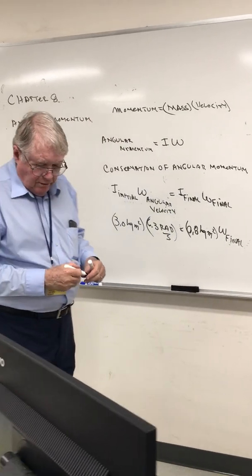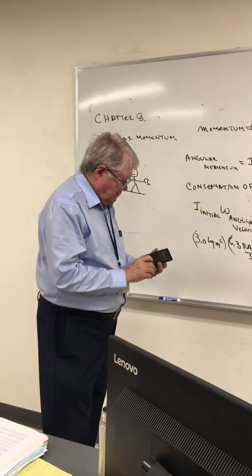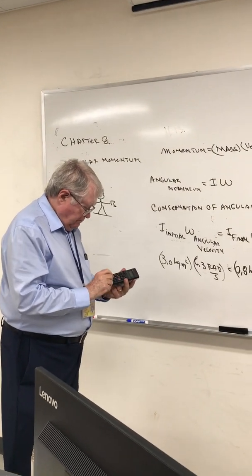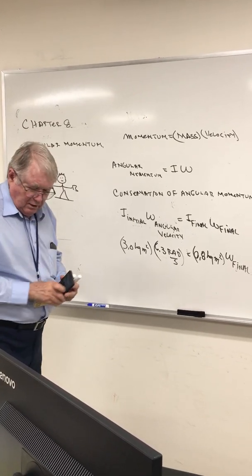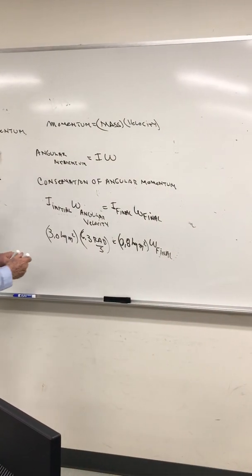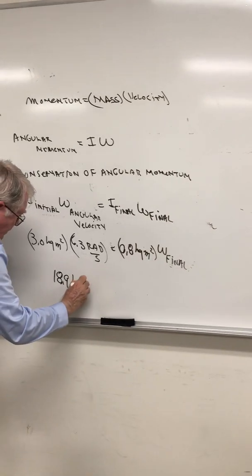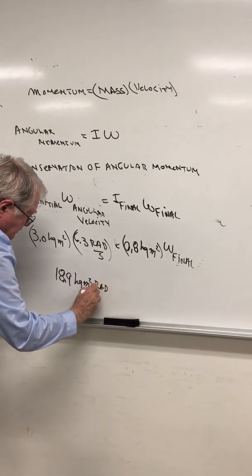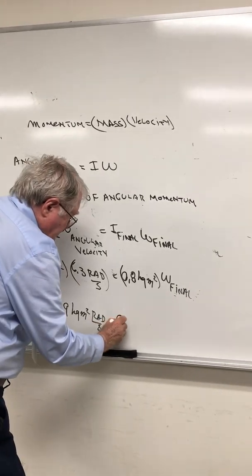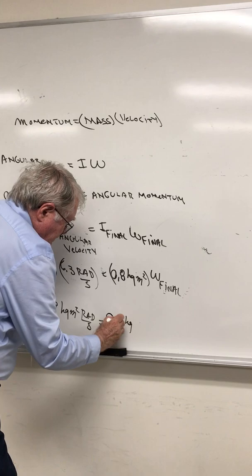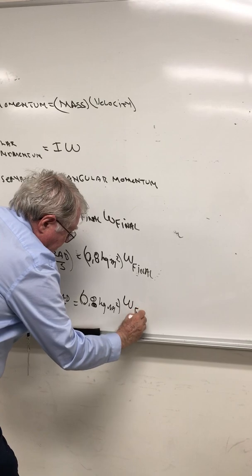So now we get out our calculator and we figure out 3 times 6.3 should be 18.9, but let me make sure that I don't make mistakes. 18.9, that's correct. So this is 18.9 kilogram meter squared radians per second. And so over here we have 0.8 kilogram meter squared times the final angular velocity.